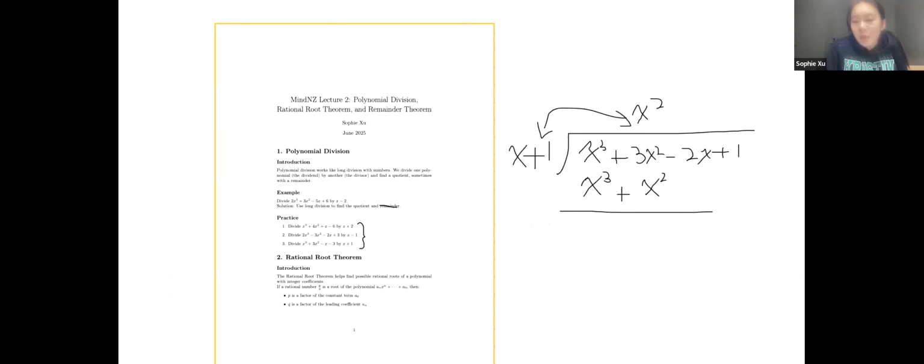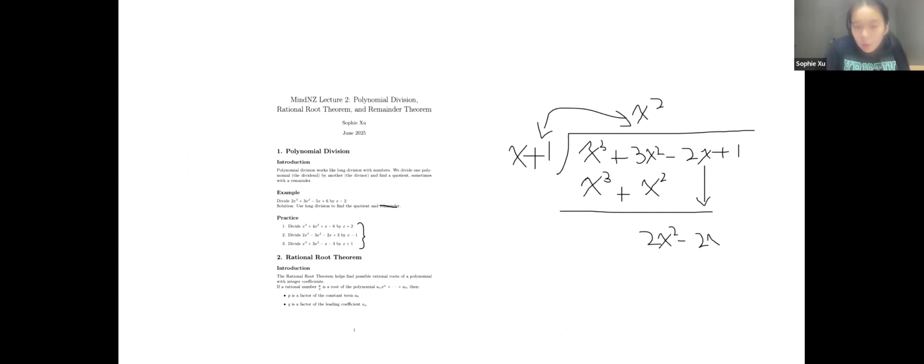So you get 2x squared, right? And then you bring down this term. So it turns into 2x squared minus 2x. So how many x plus 1s can you fit into 2x squared minus 2x? 2x, yes. So you go plus 2x. Does that make sense so far?